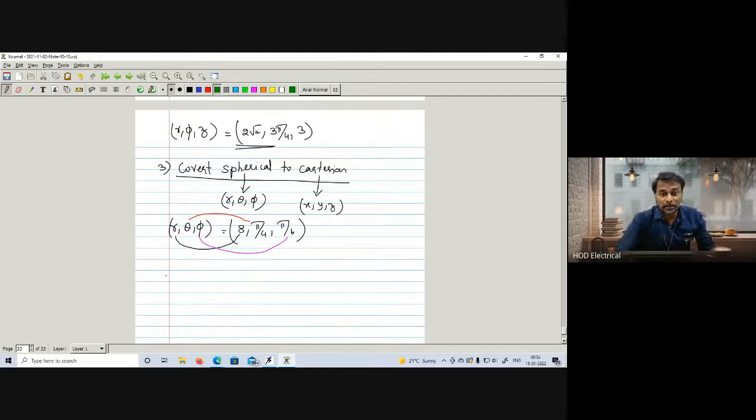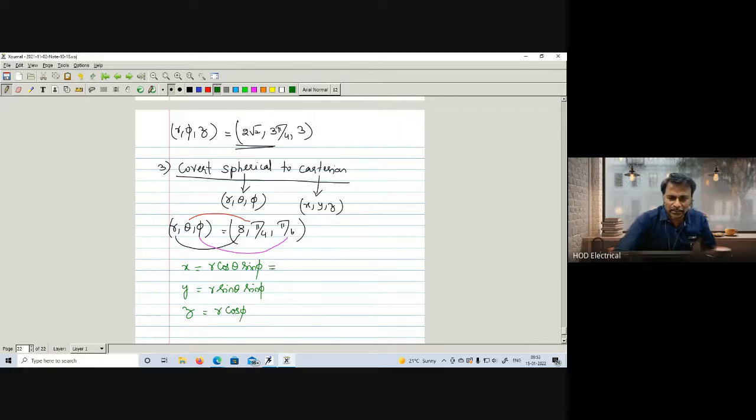Therefore, we should write the formulas related to spherical to Cartesian. So we need x is equal to r into cos theta into sine phi, then y equal to r into sine theta into sine phi, then z equal to r into cos phi.